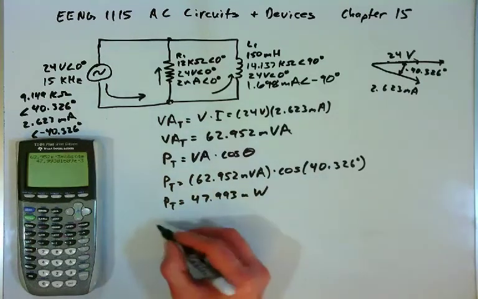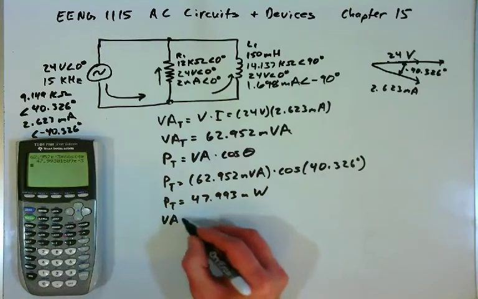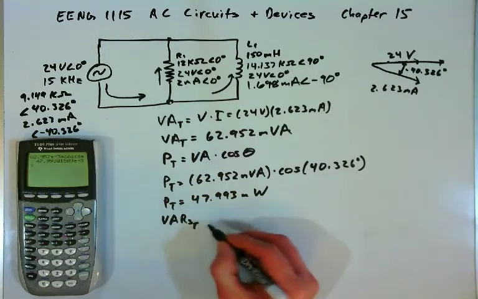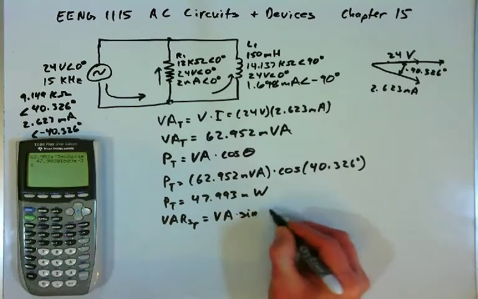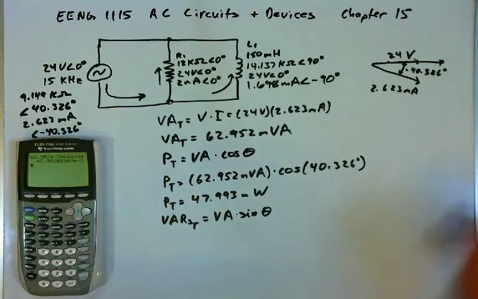That'll be milliwatts. Last thing is the total vars, which would be the volt amps times the sine of the angle, again the absolute value of the angle.